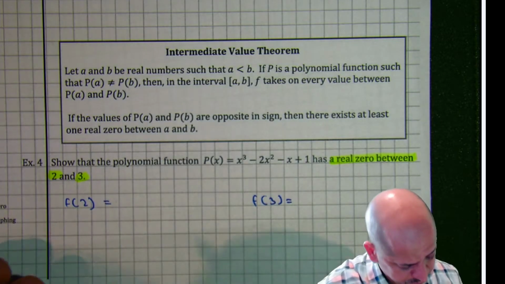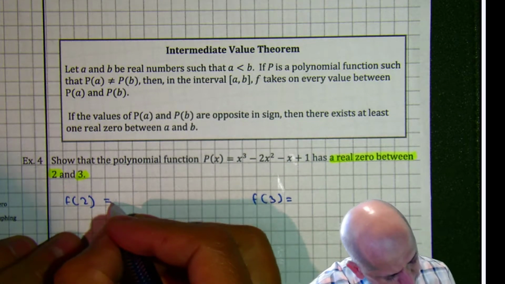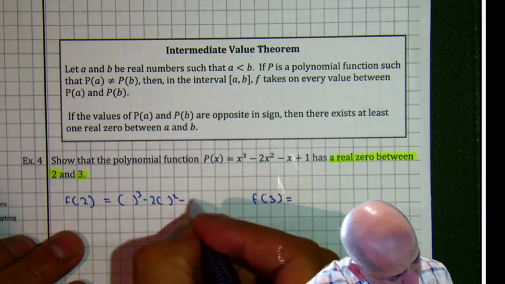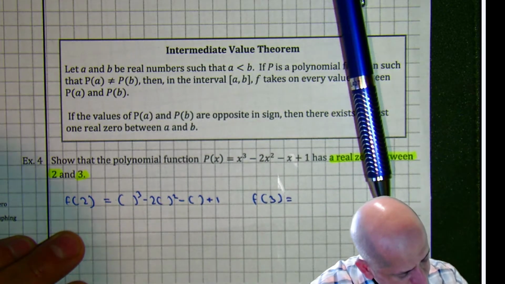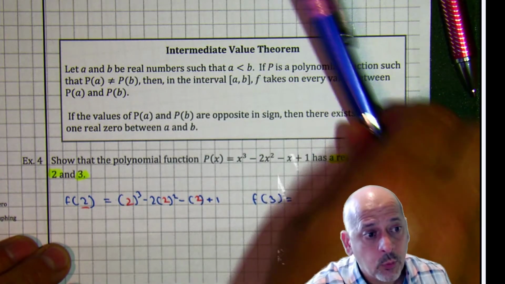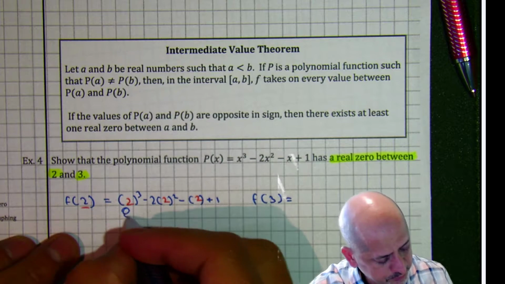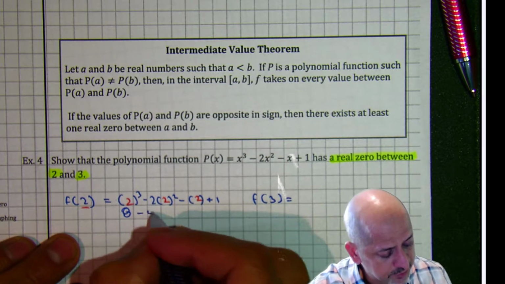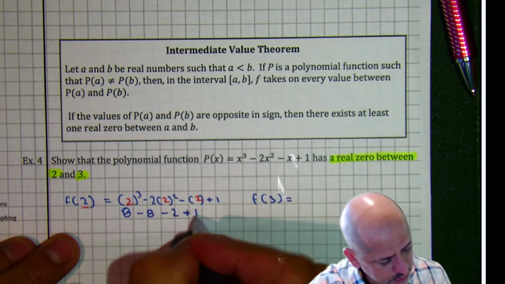So let's try f of 2. That'll be x to the third power minus 2x squared minus x plus 1. And instead of the x, I'm going to replace it with a 2. And we have 8. Then 4 times negative 2 gives me negative 8, minus 2 plus 1.